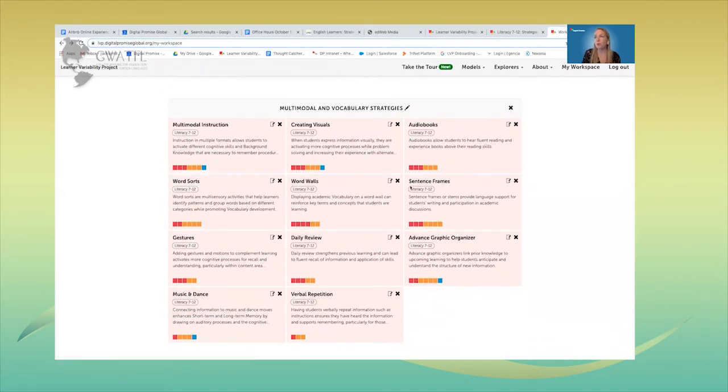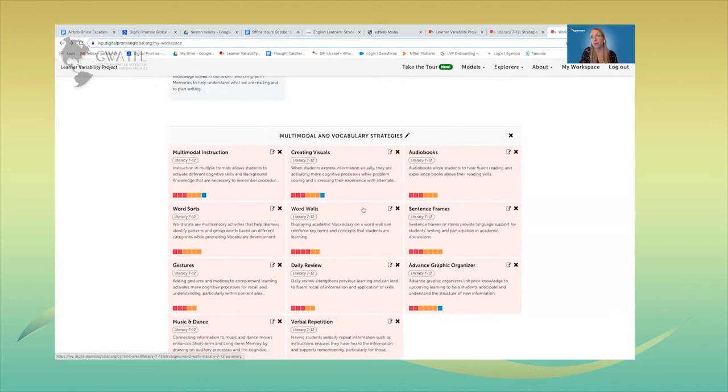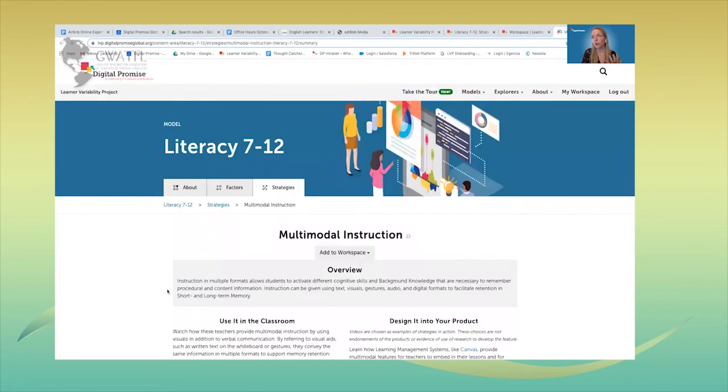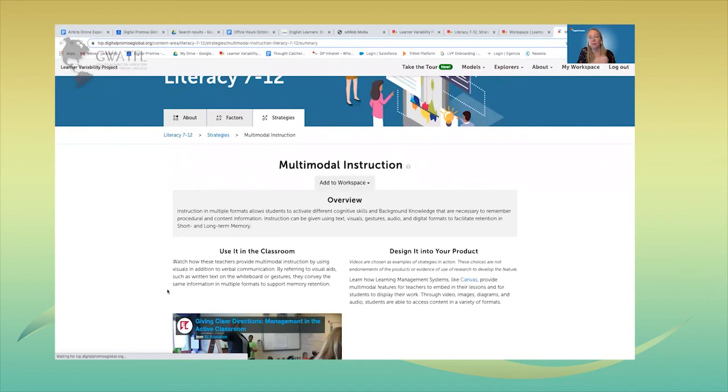The first group of strategies is around multimodal and vocabulary strategies. These strategies speak to some of those universal design for learning principles around multiple means of engagement. One of the things research shows us is that when you have multimodal instruction, you are really helping improve the likelihood of things moving from working memory to long-term memory.